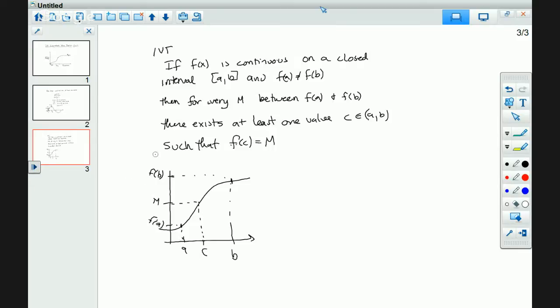Does that make sense? Like the airplane example, right?